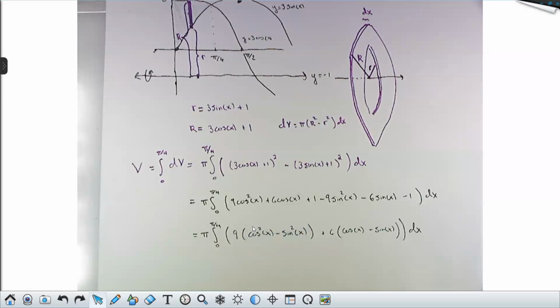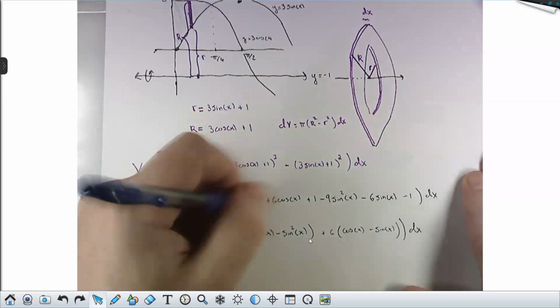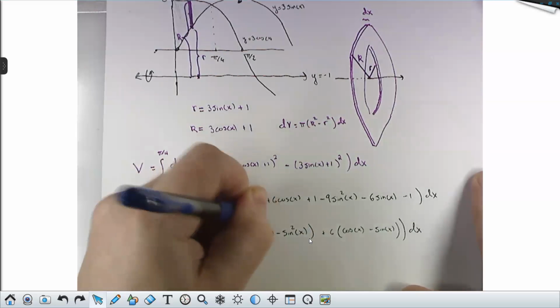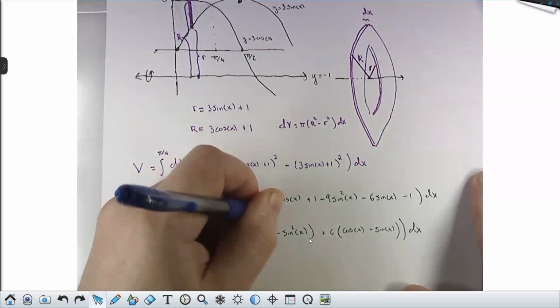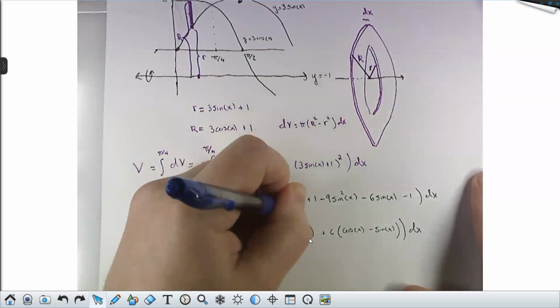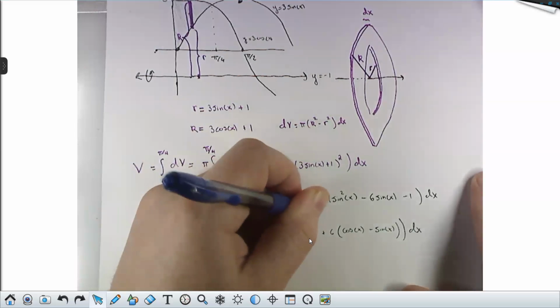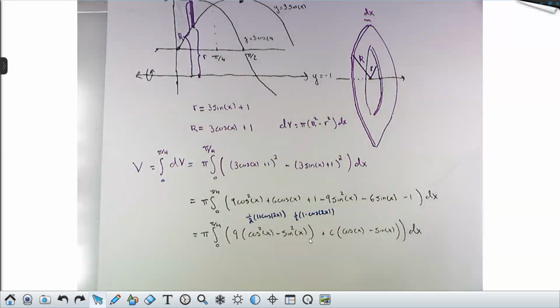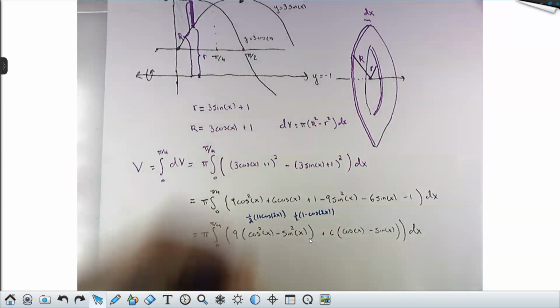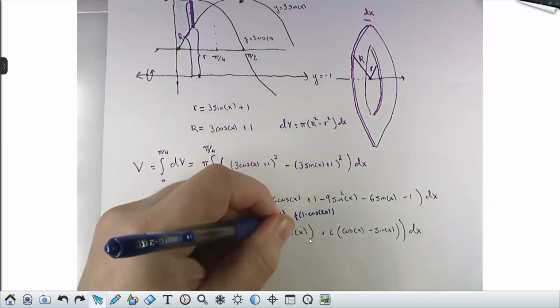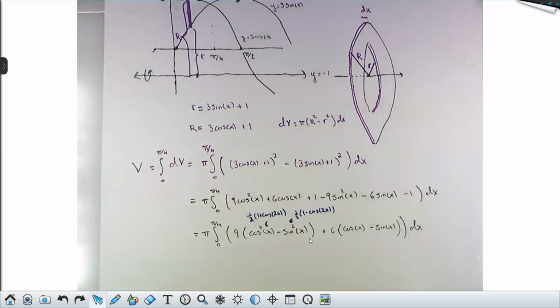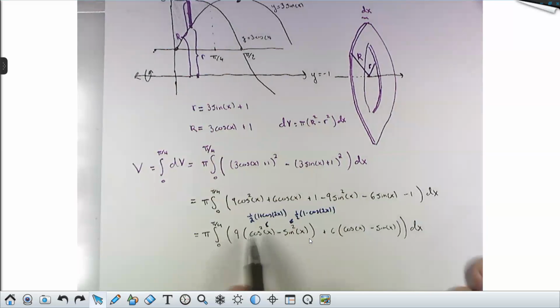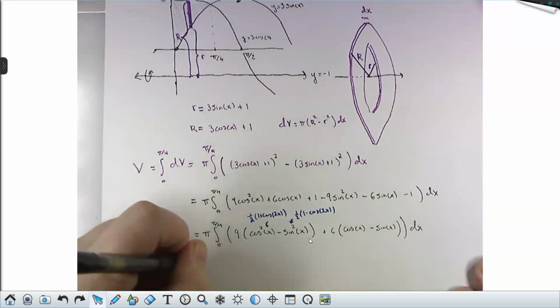What you'll see is that cos squared minus sine squared cleans up very nicely, and everything here simplifies really nicely to just cos 2x.